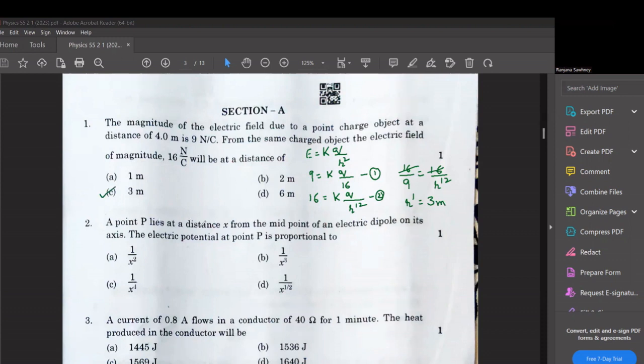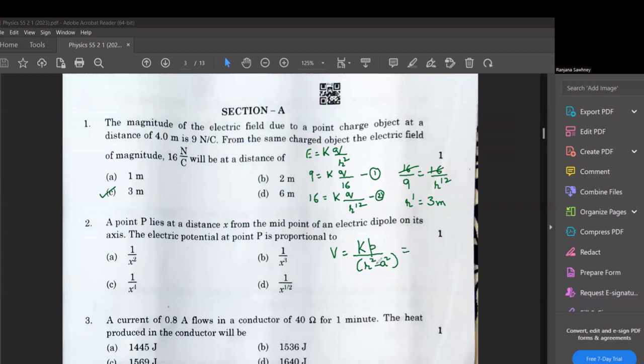Question number 2. A point P lies at a distance x from the midpoint of an electric dipole. You have to find out how the electric potential is proportional to the distance. We know that for an electric dipole, the potential on the axial line is given by K p upon R square minus A square, where K is the constant of proportionality 1 upon 4 pi epsilon naught and p is the dipole moment.